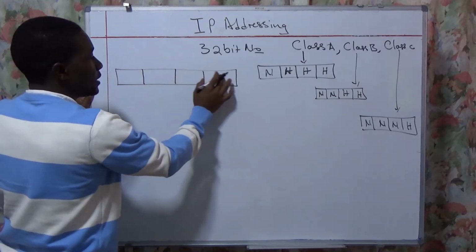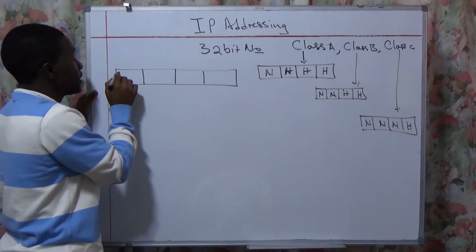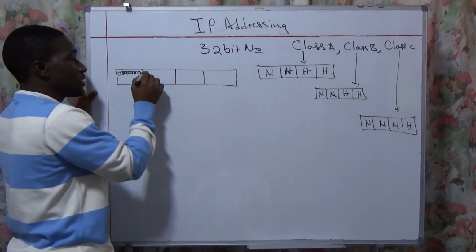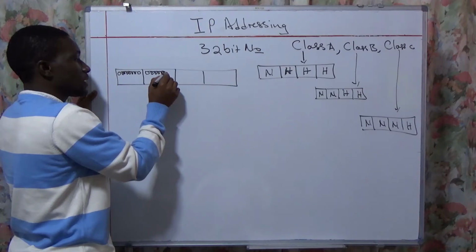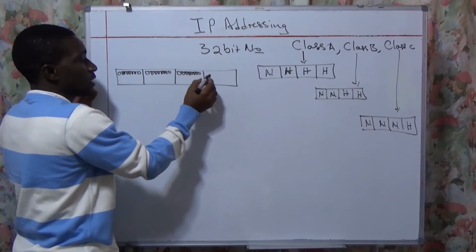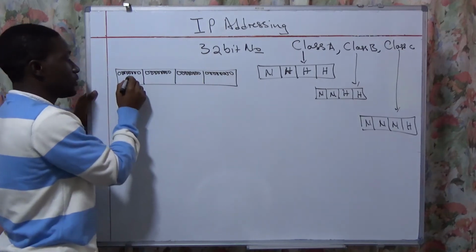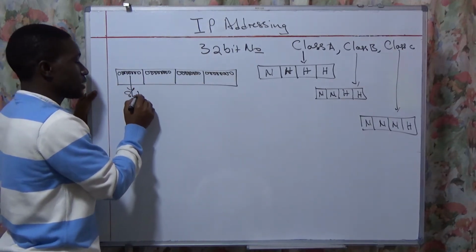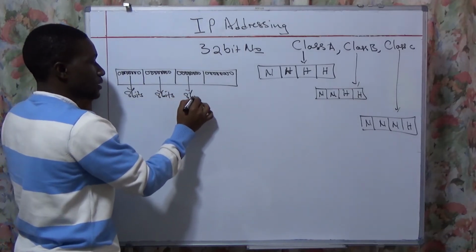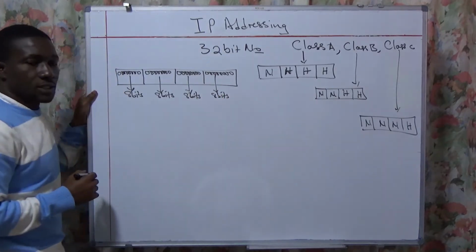So from what we understood, the 32-bit number is divided into 4 octets, and the first octet contains 8 bits, the second octet 8 bits, the third one 8 bits, and the fourth one 8 bits.